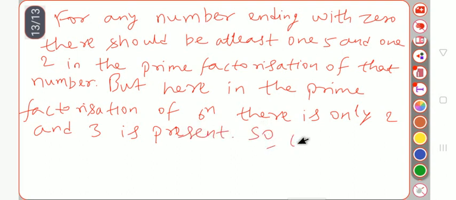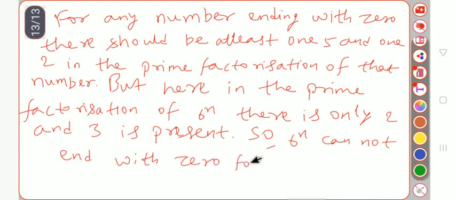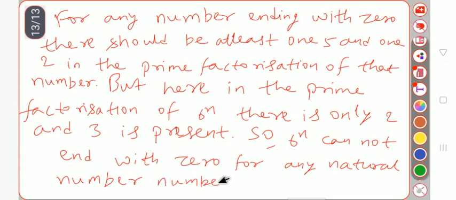So 6 to the power n does not end with 0. 6 to the power n cannot end with 0 for any natural number n. This is the whole explanation for this question.